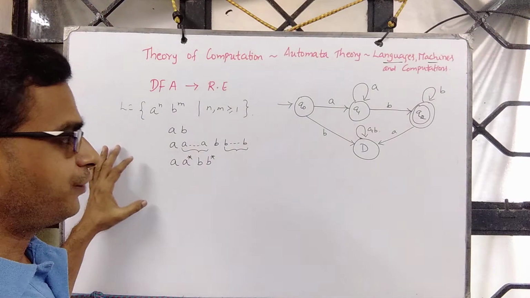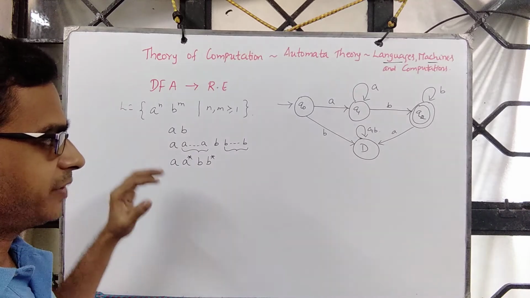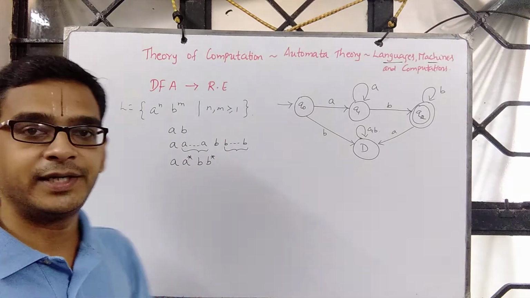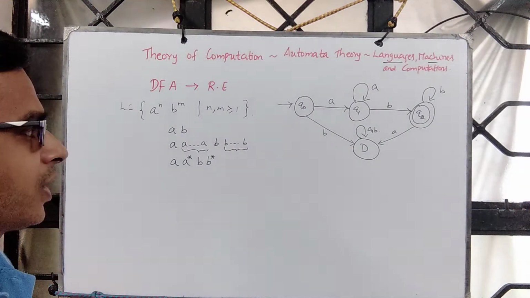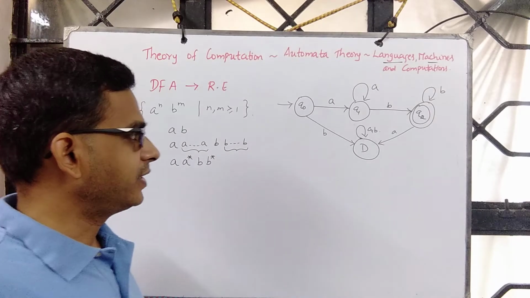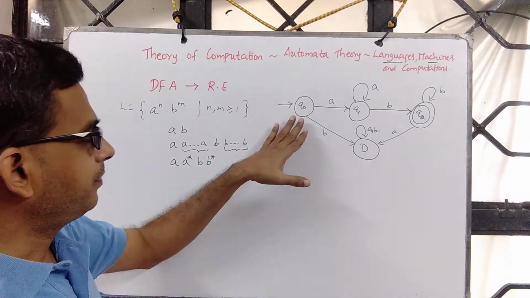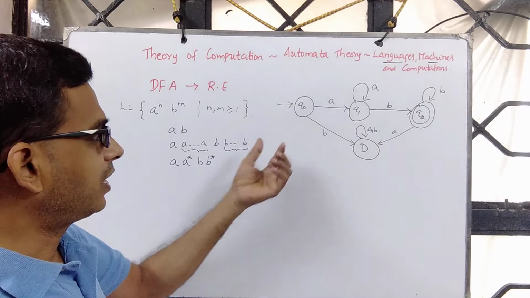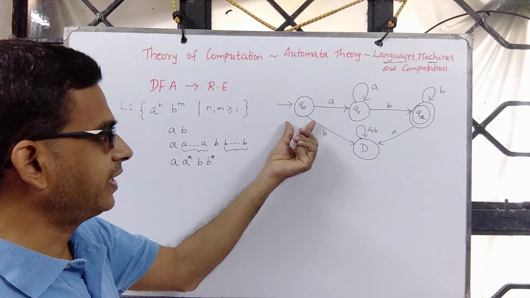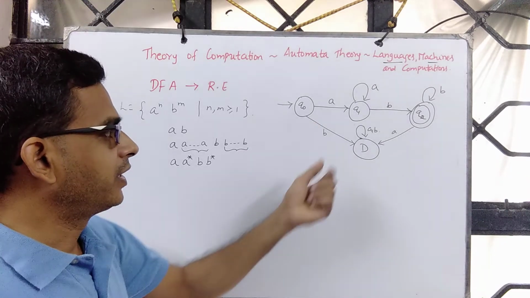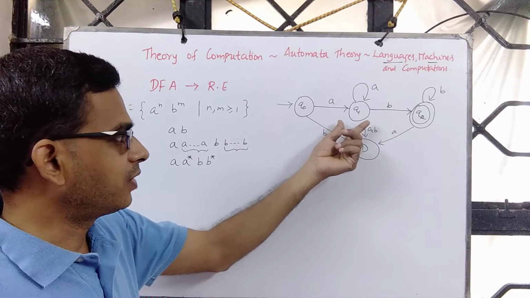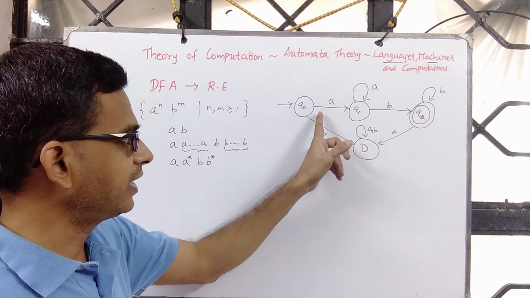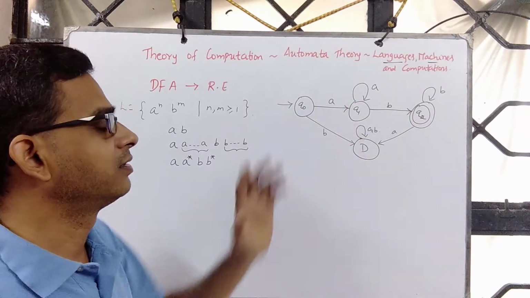So we look for an algorithm, a procedure, a systematic way of constructing a regular expression out of a deterministic finite automaton. So the way we are going to proceed is like this. When I am at Q0, what part of string or what regular expression can one generate with respect to Q0? For example, at Q1 you can see that it is A star.